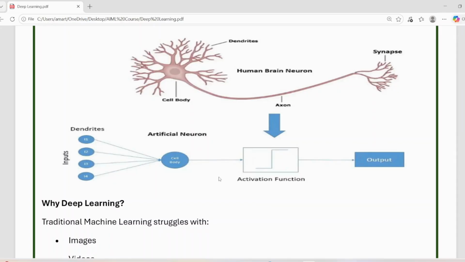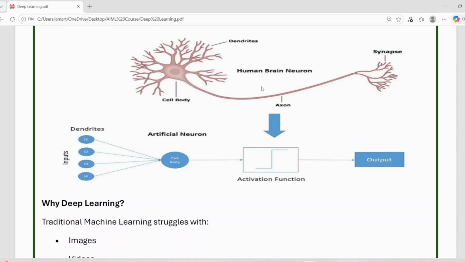Now, in deep learning, this is our artificial neuron. Scientists copied this human brain idea and created their own artificial neuron.